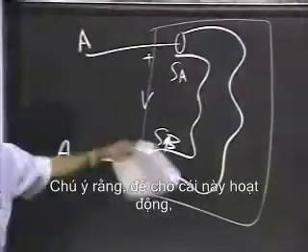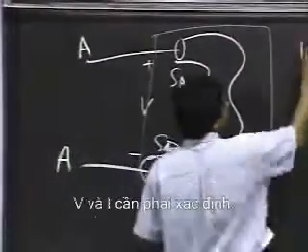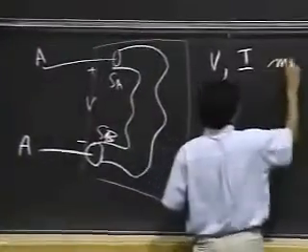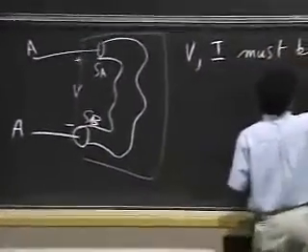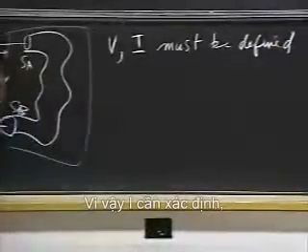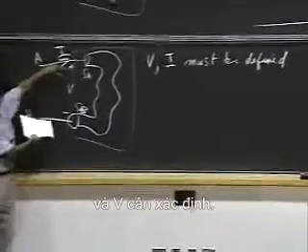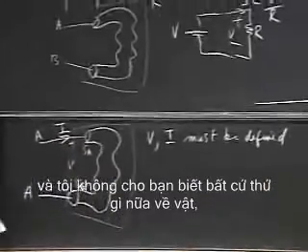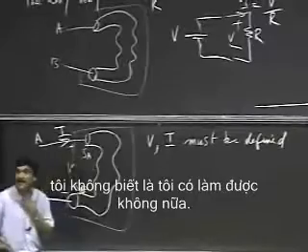Notice that in order for this to work, V and I need to be defined. If I give you a random object, and I don't tell you anything else about the object, it's not clear I can do that.